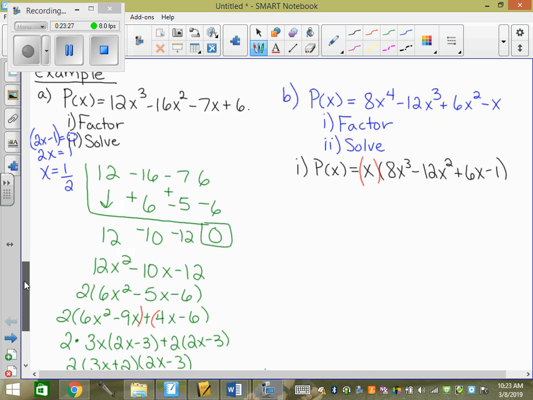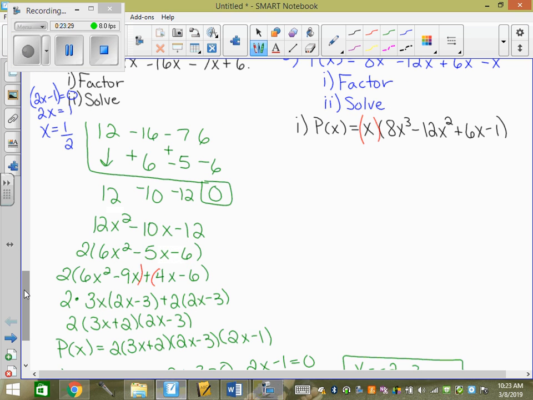And then this one, you would just factor this spot, and when you factor it all out, just for ease of time, you would get x times 2x minus 1 times 2x minus 1.